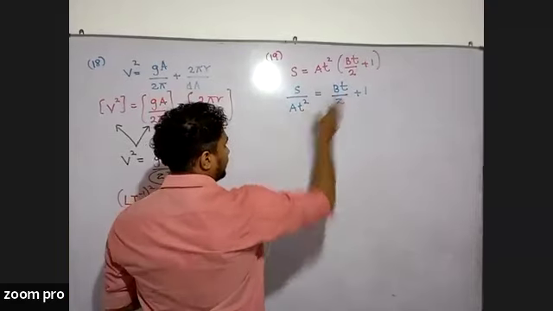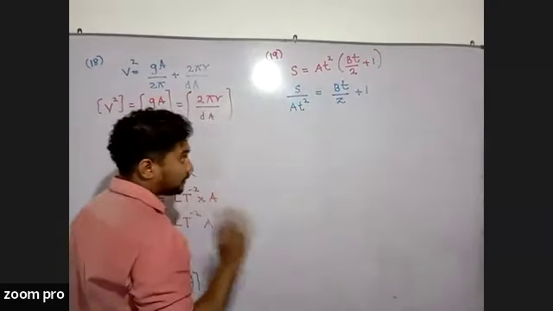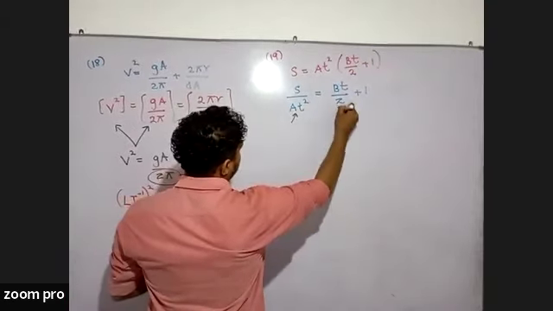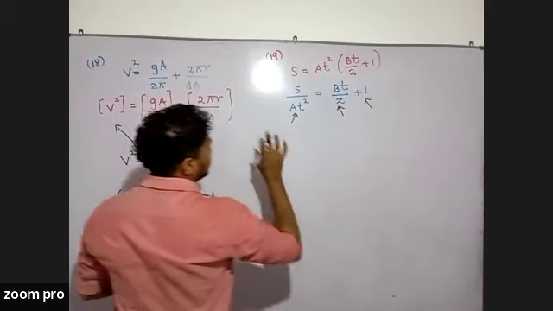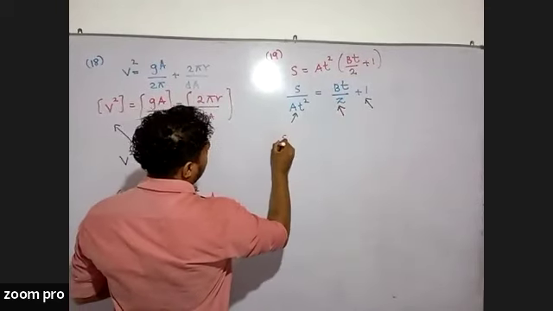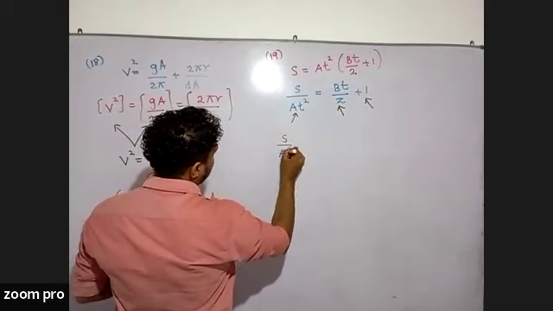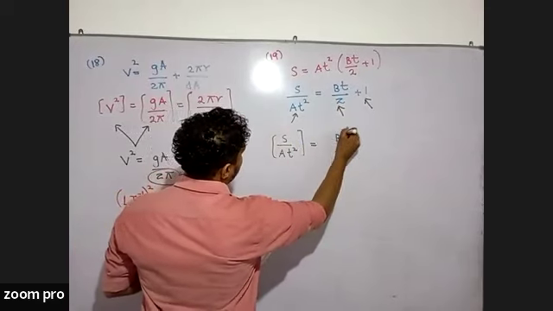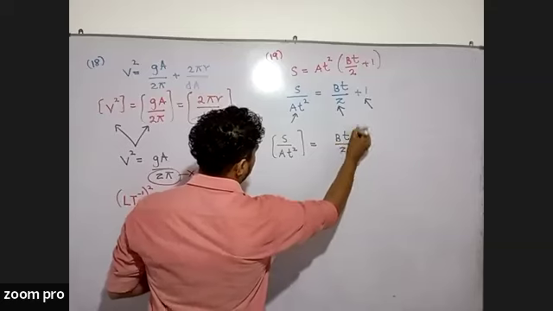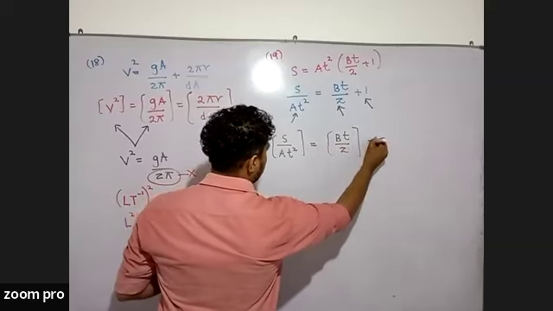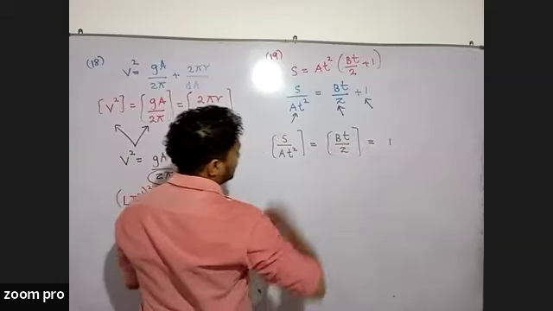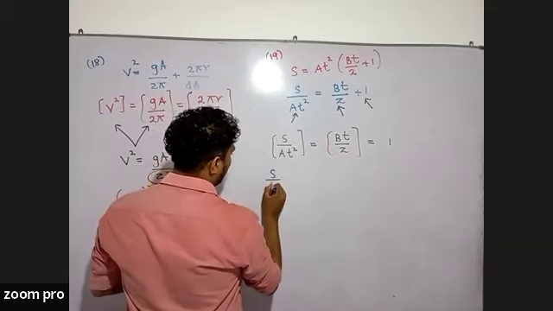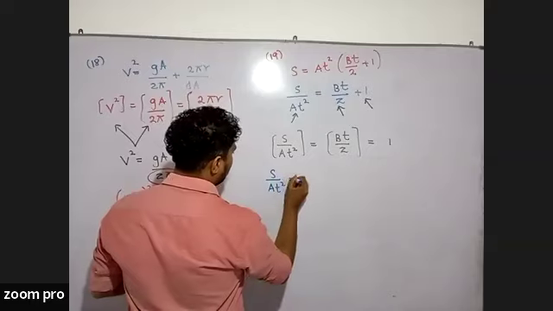By looking at the equation, you can figure out that this equation consists of three terms, isn't it? This is the first one, this is the second, and this is the third one, right? So accordingly, the dimensions of x over a t squared should be equal to the dimensions of bt over 2, and it should be equal to the dimensions of 1, right? So let's consider these two, that is x over a t squared equal to 1.